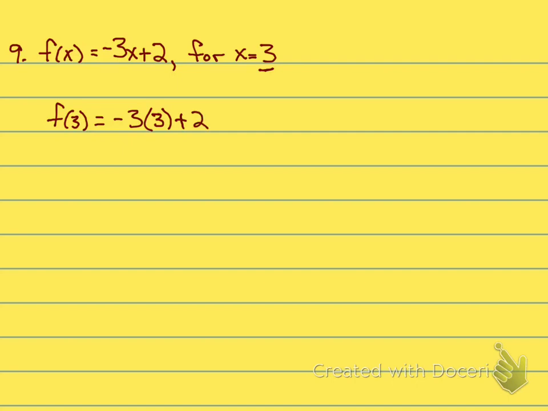Negative 3 times 3 is negative 9, plus 2. Negative 9 plus 2 makes negative 7. So our ordered pair, when x is 3, y is negative 7. Okay? Alright, let's do another one.